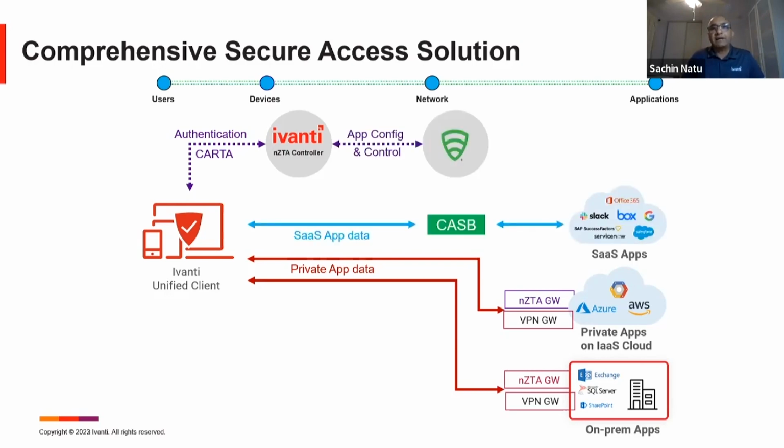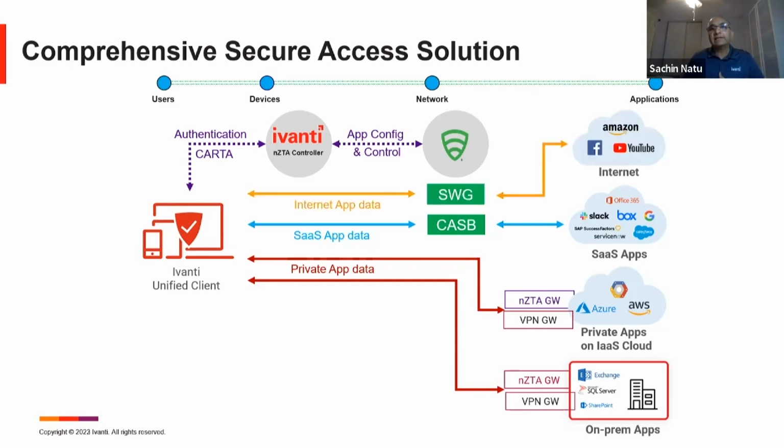Now, as the applications go into the SaaS cloud, there is a component called Cloud Access Security Broker, CASB. We have partnered with a company called Lookout, which provides us the CASB as well as the SWIG solution to protect against SaaS apps and internet apps.